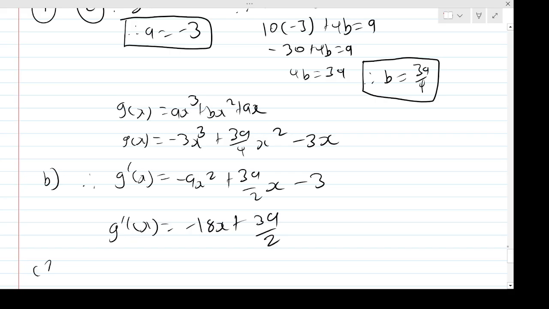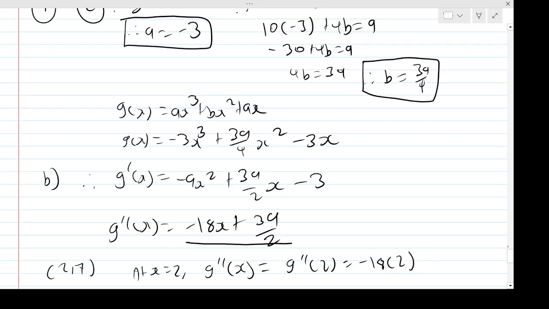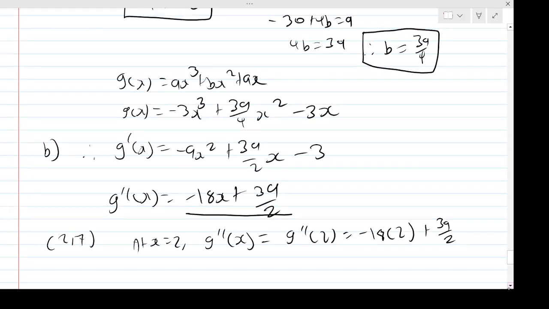We need to show that this stationary point (2, 9) is a maximum. So we need to consider what happens at x is 2. When x is 2, the second derivative, g double dash of 2, if I substitute x is 2 in here, I get minus 18 lots of 2, add 39 over 2, and that will get me minus 16.5, and that is a negative.